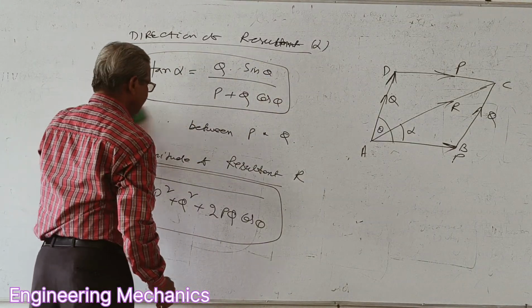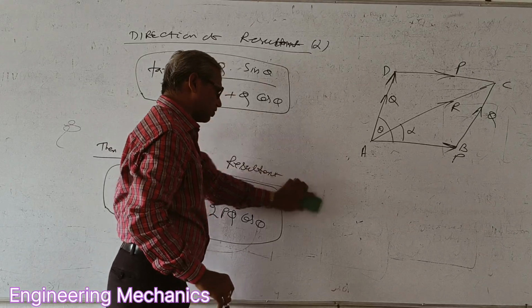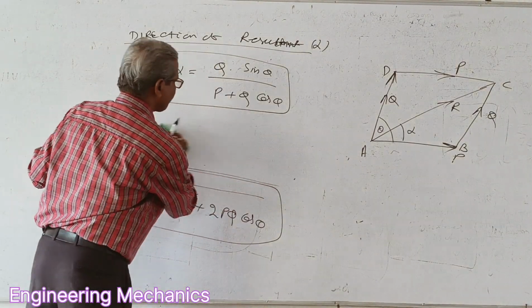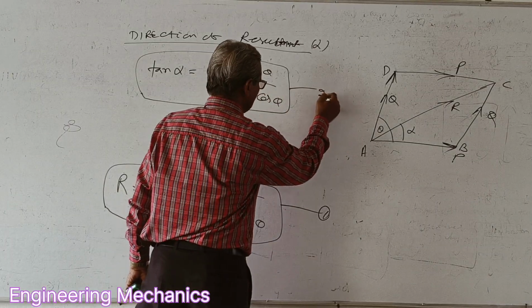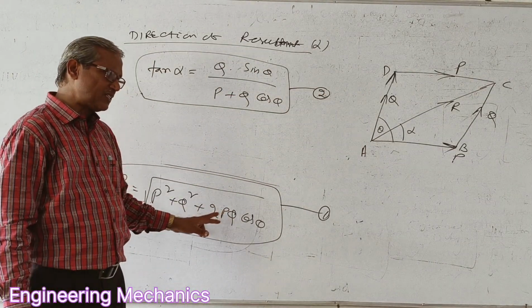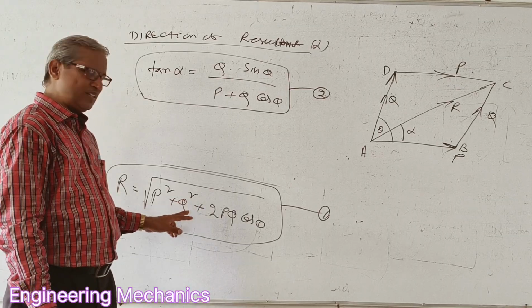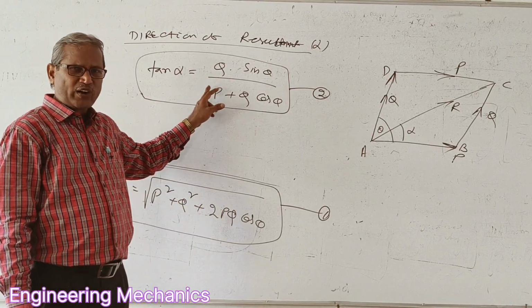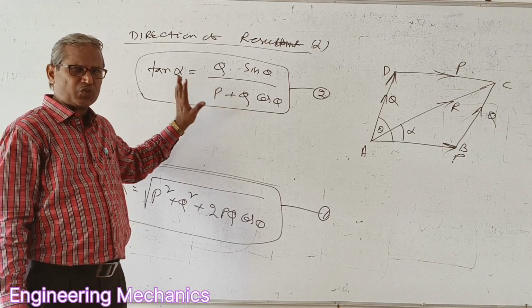This is the direction of the resultant force. Equation 1 represents the magnitude of the resultant force. Equation 2 represents the direction of the resultant force.